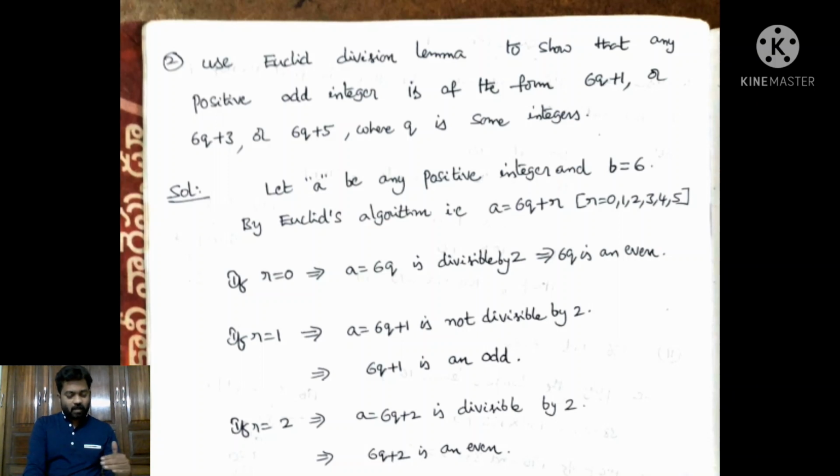Next, if r equal to 1, that implies a equal to 6q plus 1 is not divisible by 2. So 6q plus 1 is an odd number. Then substitute r equal to 2. That implies a equal to 6q plus 2 is divisible by 2. So 6q plus 2 is an even number.